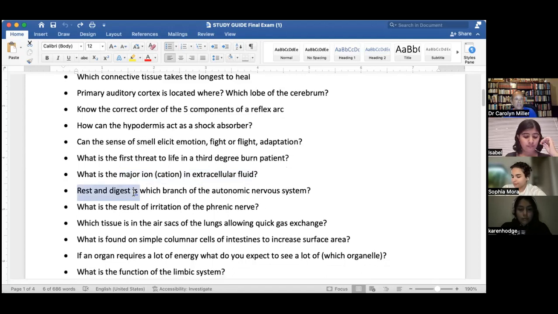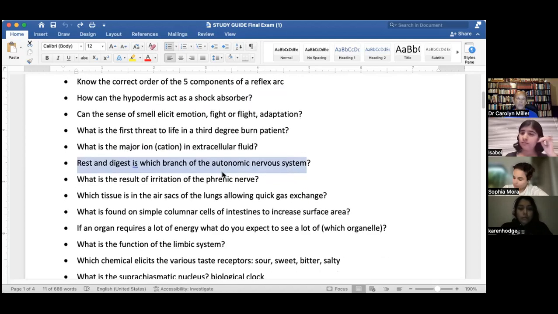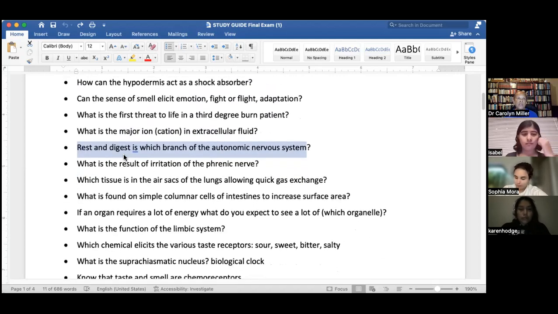Rest and digest is the parasympathetic branch of the autonomic nervous system. So you'll need to know which organs, and you can sense that, and that's a question later. The digestive system, GI system, is increased during parasympathetic.